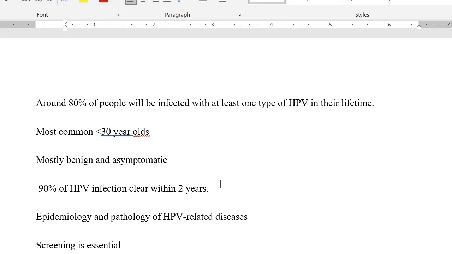But high risk type means that the patient has some exposure and they are cancerous. Warts are more common in people younger than 30, and mostly these warts are benign and asymptomatic. And 90% of human papillomaviral infections will clear without any treatment, without any investigation. They will clear within 2 years.